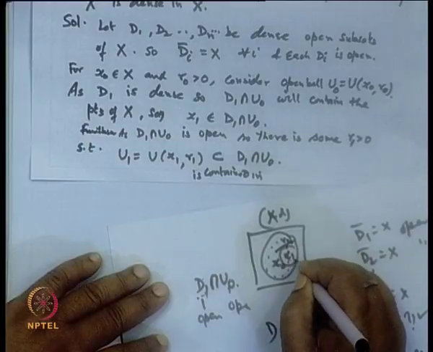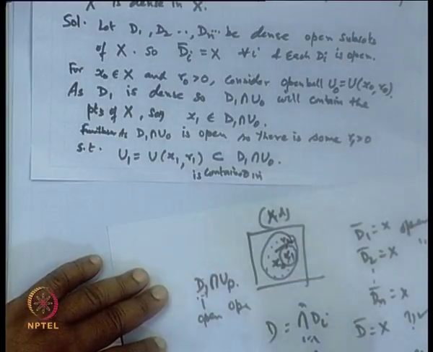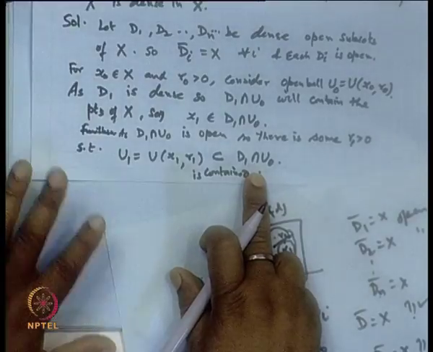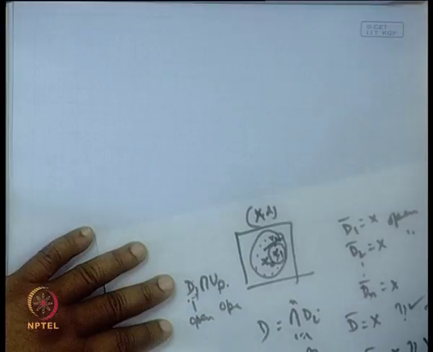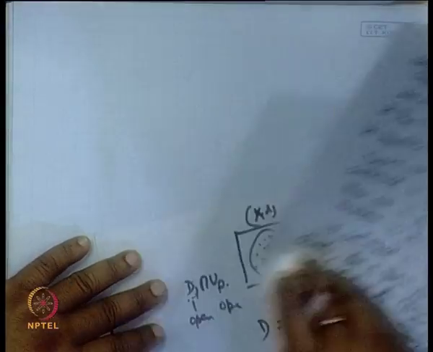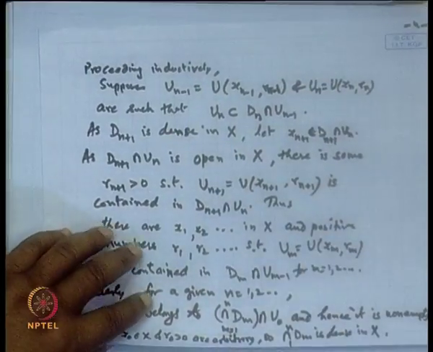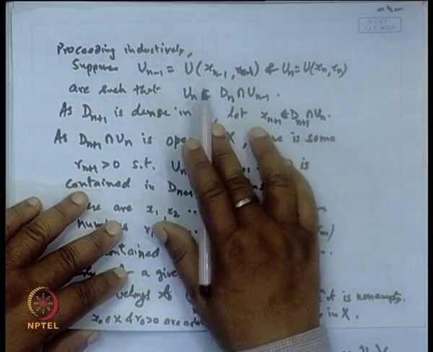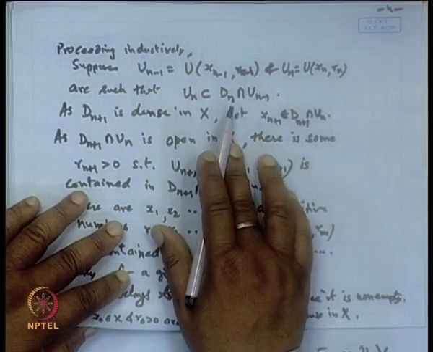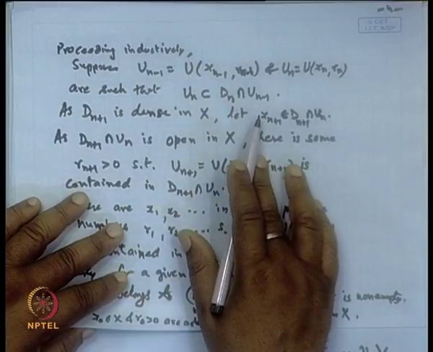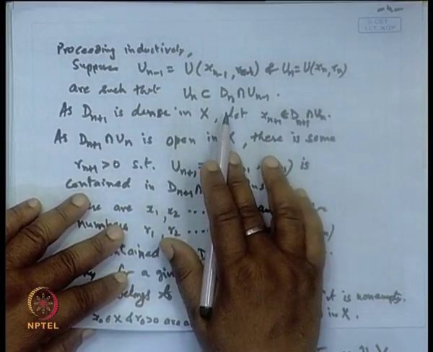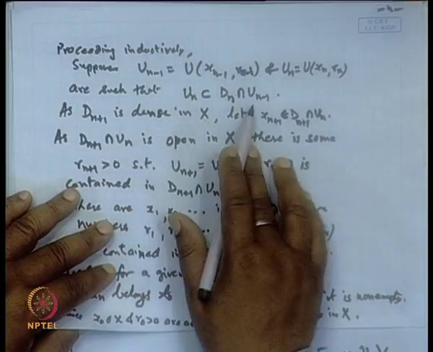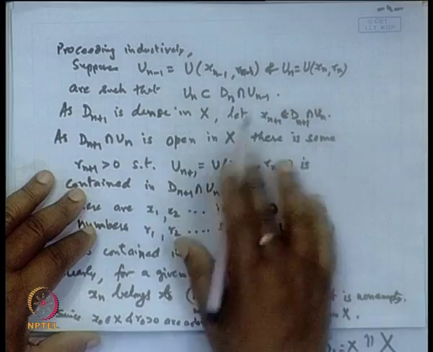So we can draw a ball around the point x1 with a suitable radius r1, which is totally contained inside it. Is it clear? Then continue this process inductively. At the nth step, you draw a ball centered at x(n-1) with radius r(n-1), and since Dn is dense, the intersection will be non-empty and open. So a point xn will be available, and a ball Un around it which is totally contained inside it. So continue this way.